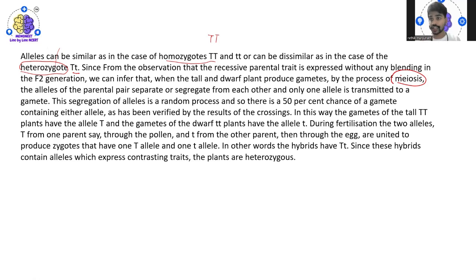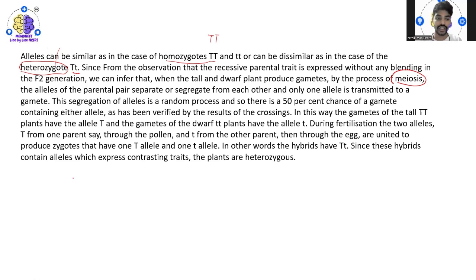This segregation of alleles is a random process, so there is a 50% chance of a gamete containing either allele, as verified by the result of the crossing.